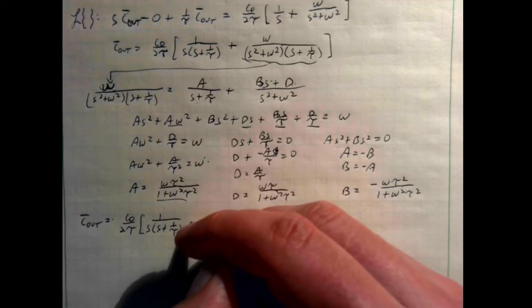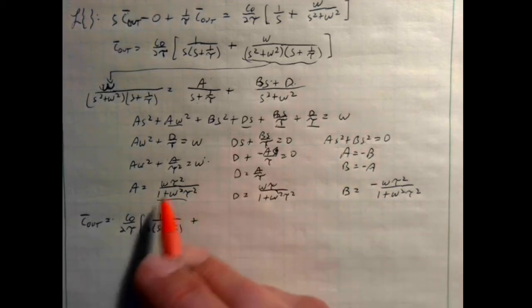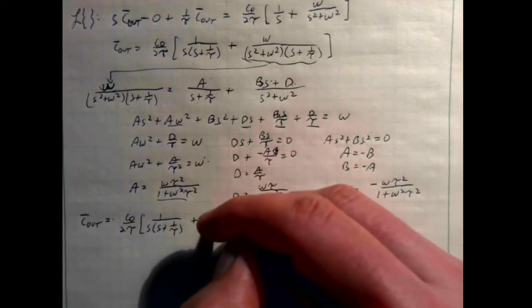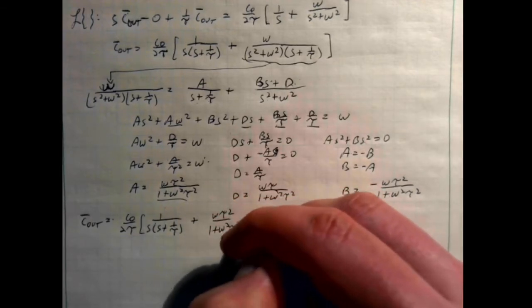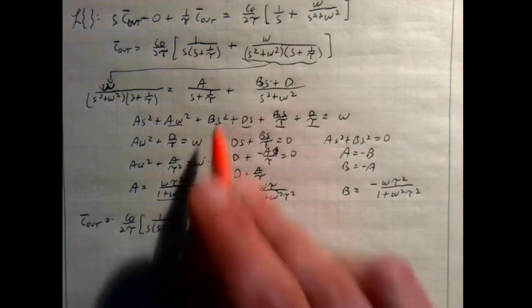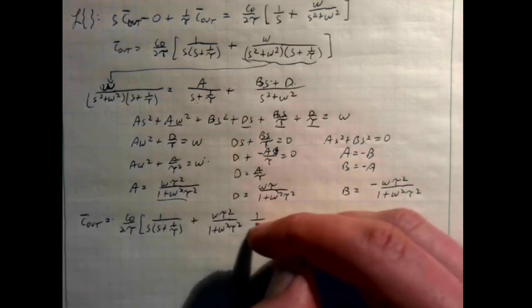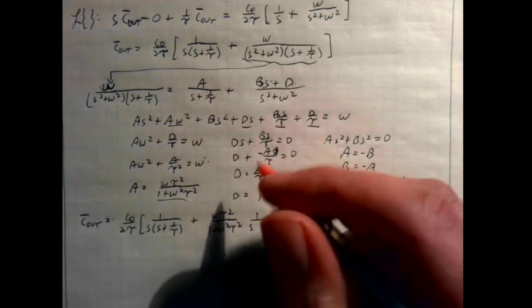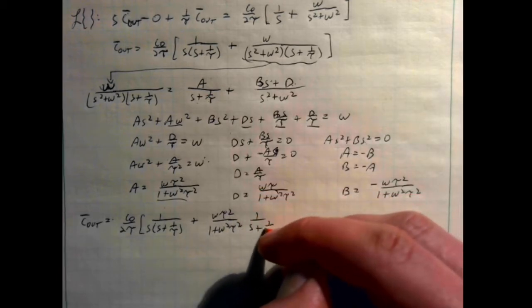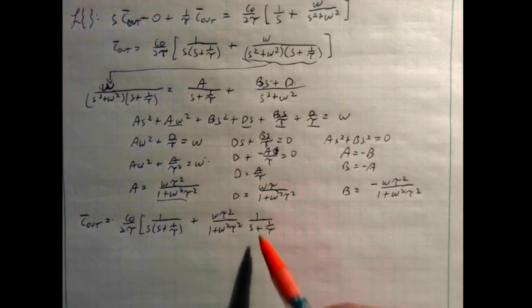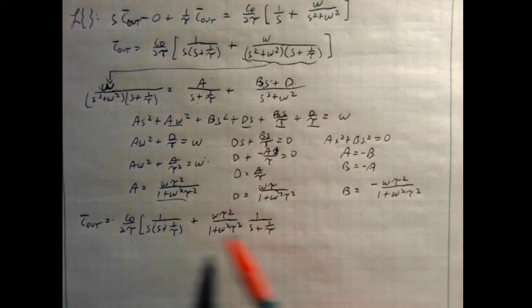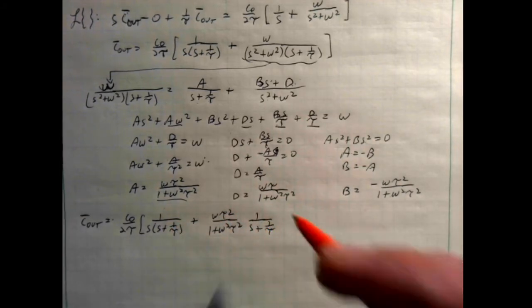But then here I've gotten plus my A term is omega tau squared over 1 plus omega squared tau squared. All of that, and A is 1 over S plus 1 over tau in my decomposition. So again, these are all constant. That's why I'm writing it that way. That way I just can focus on the inversion of these pieces.